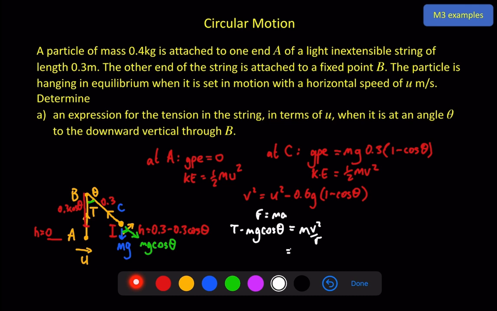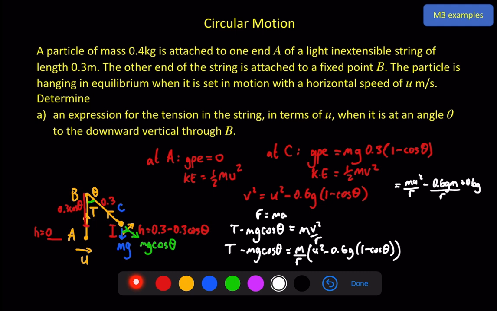Running out of space a bit here, but we've got m over r times v squared, so that's u squared minus 0.6g(1 minus cos theta) minus mg cos theta on this side, and a T. Trying to squeeze it in this little space here on the right hand side, that gives me mu squared over r minus a 0.6g m over r plus a 0.6g cos theta m over r.